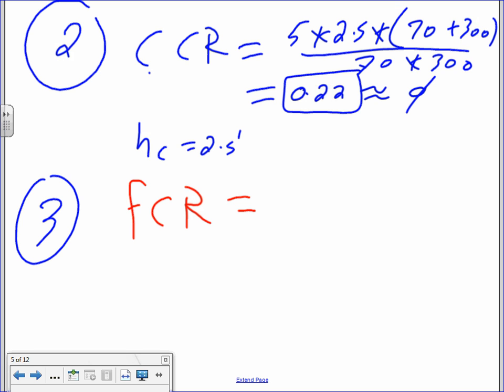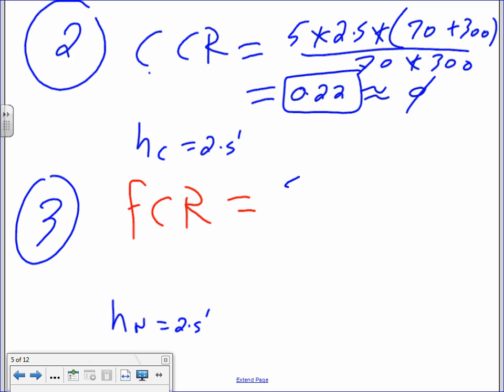You guys have the review in front of you too. I'm going to go ahead and do the floor because the floor is exactly the same. For the floor, guys, the height for the floor is also 2.5 feet. Then we're going to plug it in.